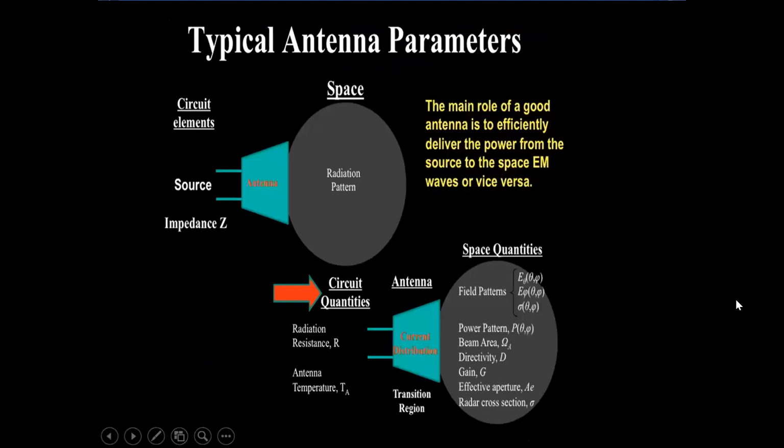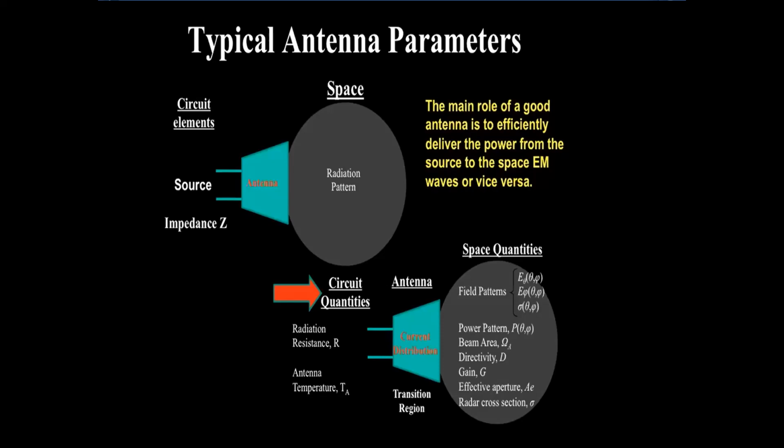The typical antenna parameters: if we look at space, we know the antennas. An antenna sits between the load, the impedance, on one side, and the space on the other side.